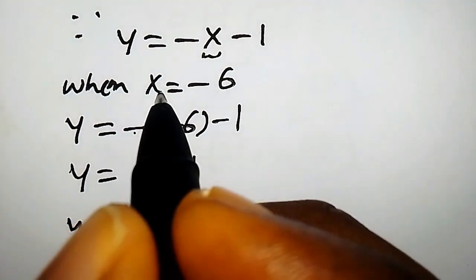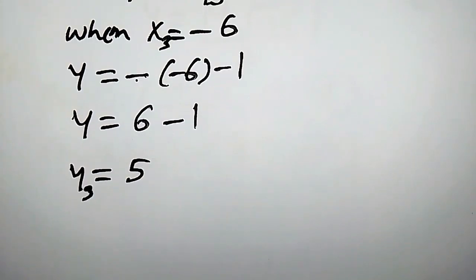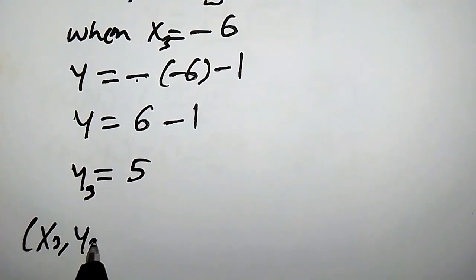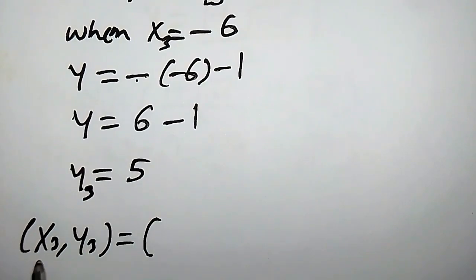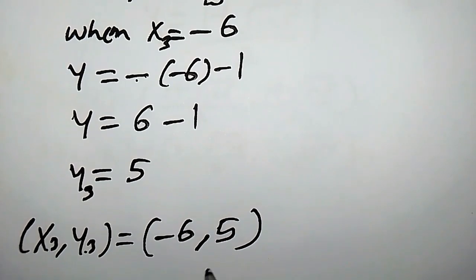Let us call this x3 and this y3. This means that the third solution, x3 comma y3, is equal to, what is x3? x3 is minus 6, comma, y3 is 5. This happens to be the third solution.